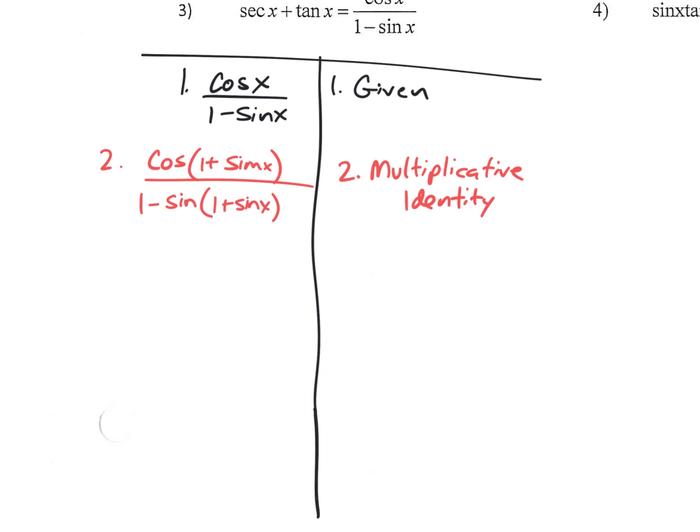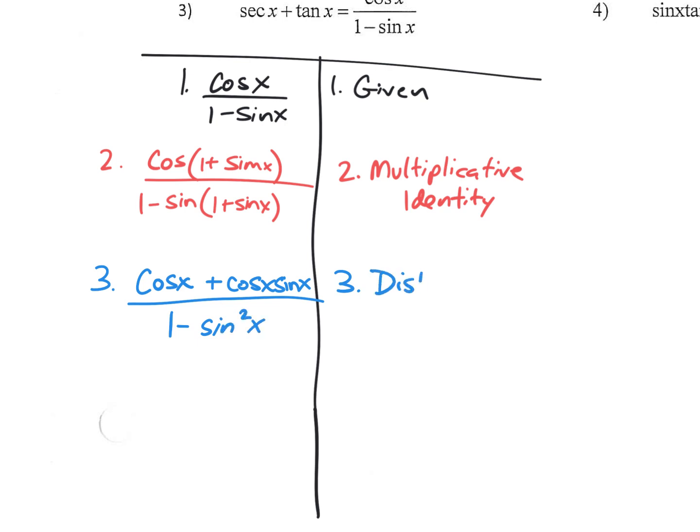All right, on our next step, we're going to go ahead and distribute. So we will have cosine x plus cosine x sine x. And then in our denominator, we'll end up with 1 minus sine squared x. And again, we justify that through the distributive property.